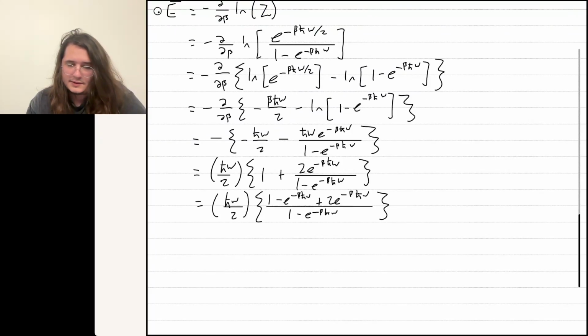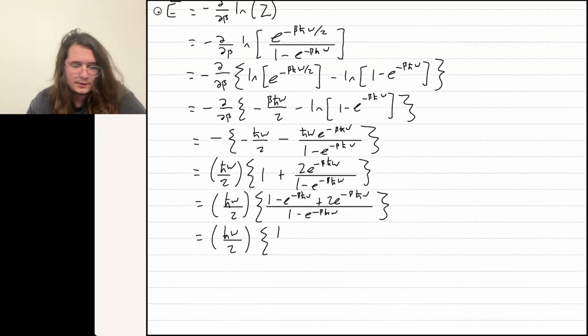This exponent and this exponent are the same, which means we can just do the subtraction and get the form that Griffiths wrote it in, which is 1 plus e to the minus beta h bar omega over 1 minus e to the minus beta h bar omega.